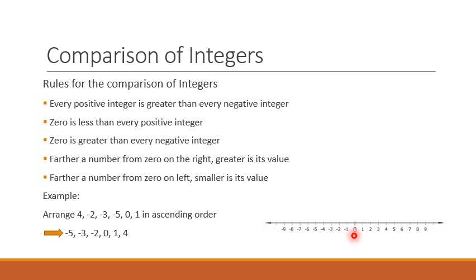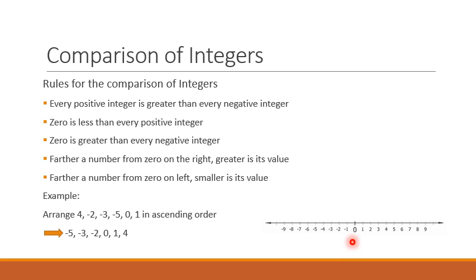Now you can see 0. It is towards the left of all the positive integers. In the previous slide we have seen the numbers towards the left are smaller. So 0 is less than every positive integer. Whatever be the positive integer, 0 is always less than it.